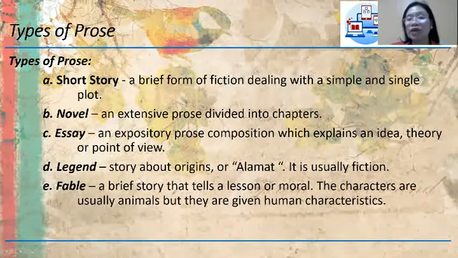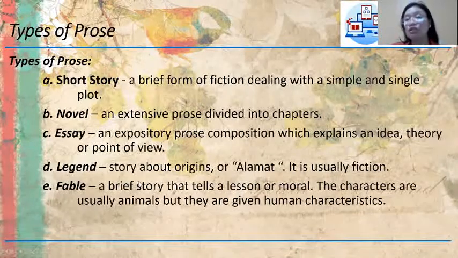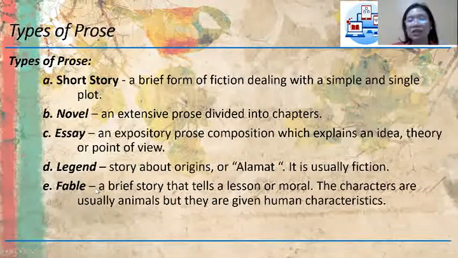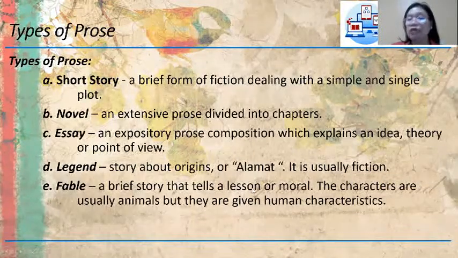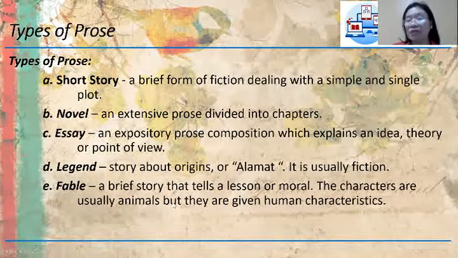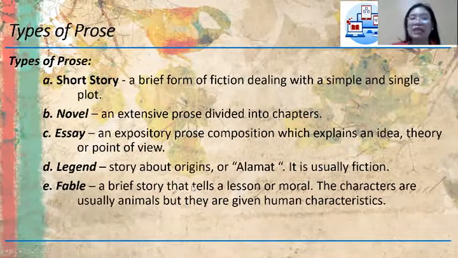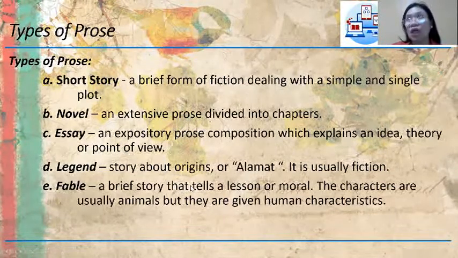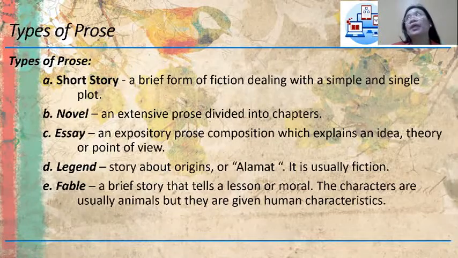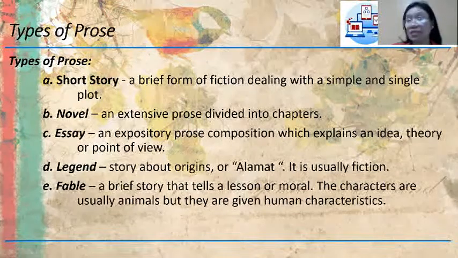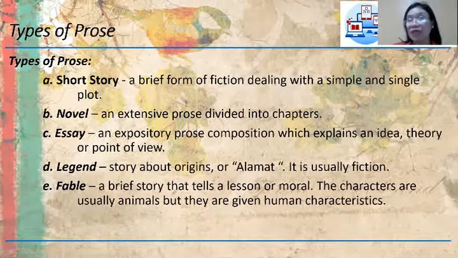And then legend. A legend is a story about origins, or alamat, and it is usually fiction. And then fable. It is a brief story that tells a lesson or moral. Now, the characters in the fable are usually animals, but they are given human characteristics. Examples of fables: the story of the turtle and the monkey. Are you familiar with that?